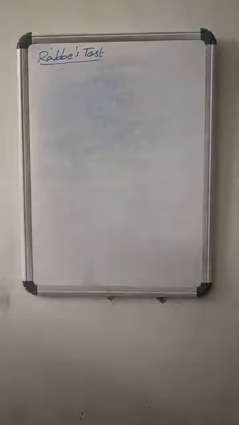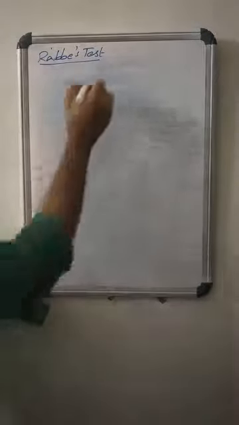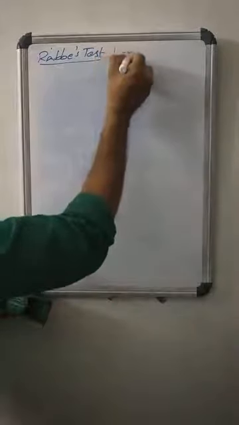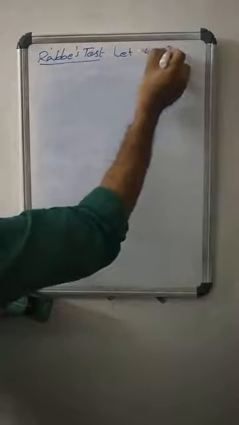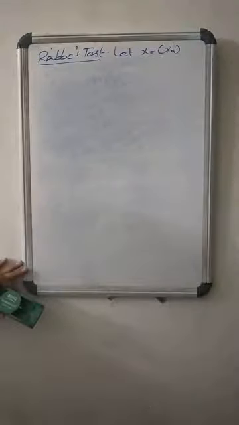What is Raabe's test? The statement is: let x equals xn be a sequence of real numbers.